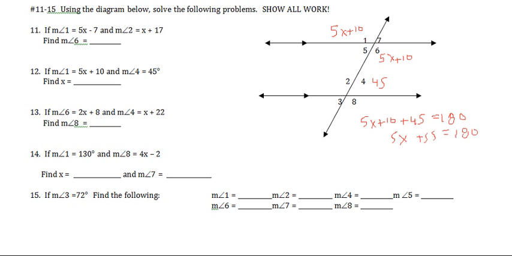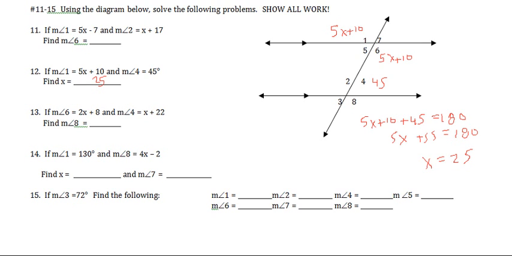I take 180 minus 55 equals 125, divided by 5, which means that x is going to equal 25. And on this one, that's all it wanted. It just wanted what x was.